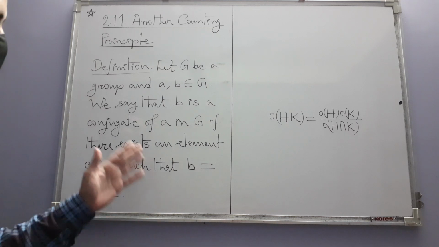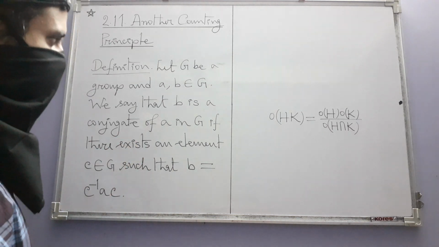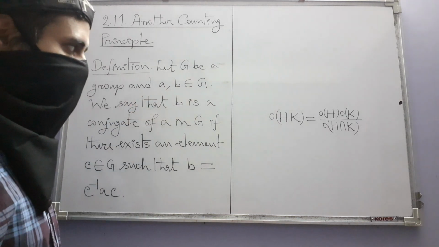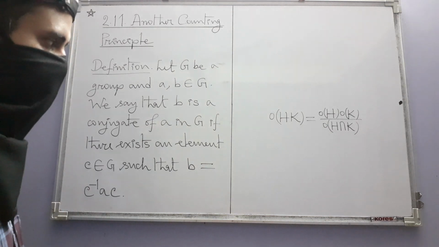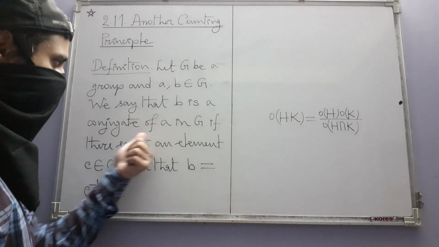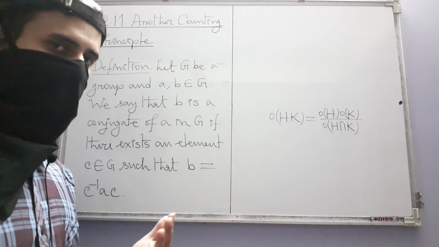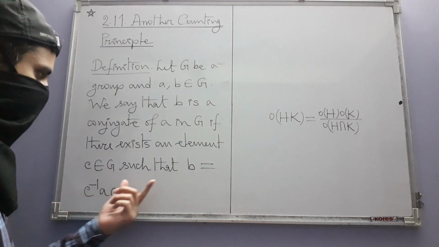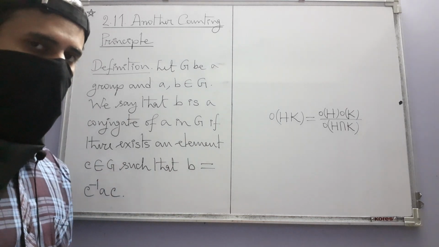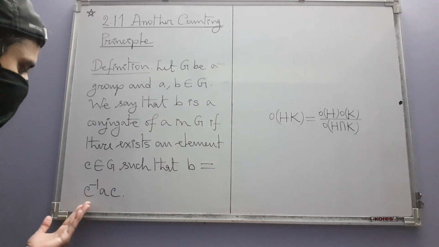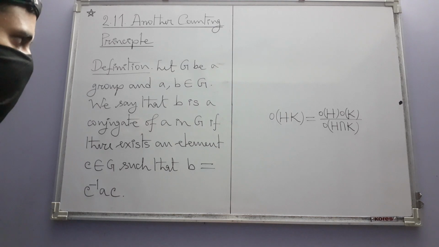So that means we have a group G in which, say, two elements A and B are given. Then we say that B is a conjugate of A in G if for some element C in G this equation is true, that is B is equal to C inverse AC.